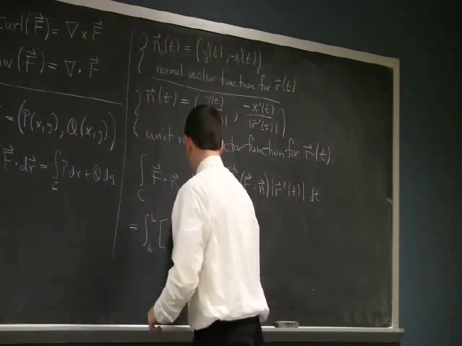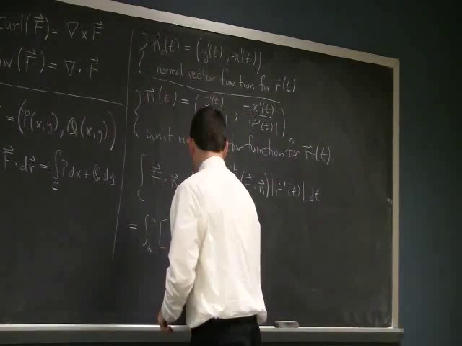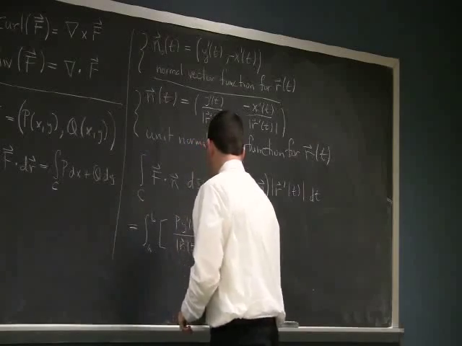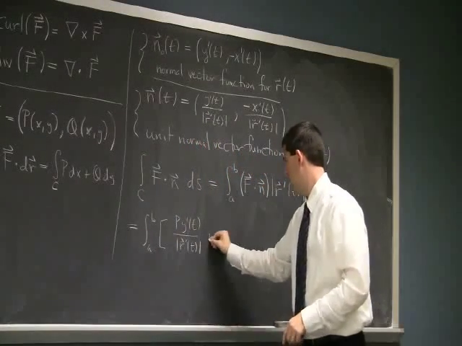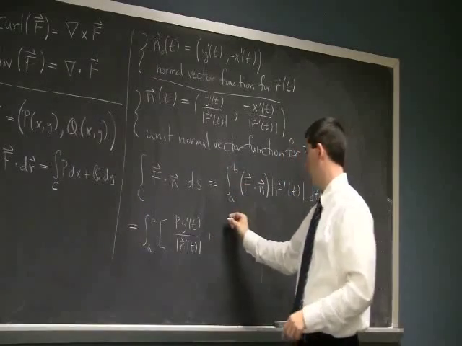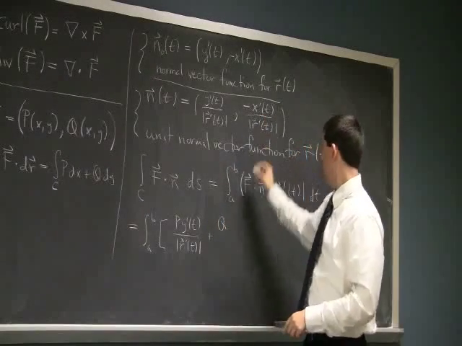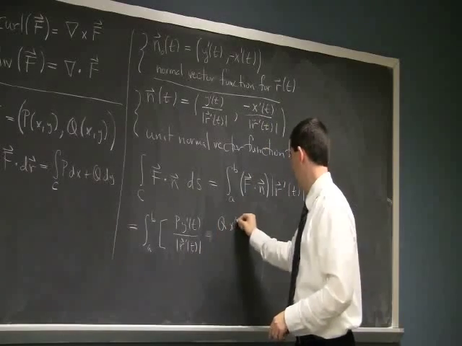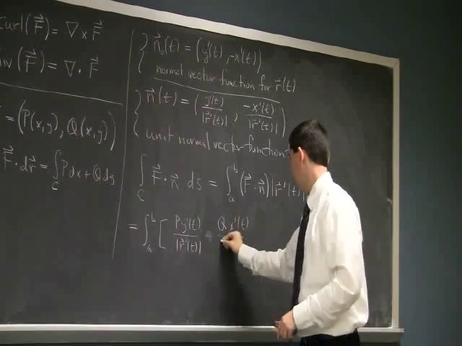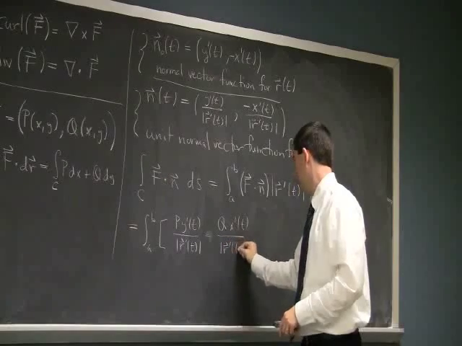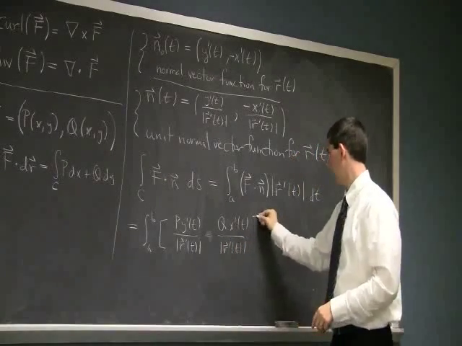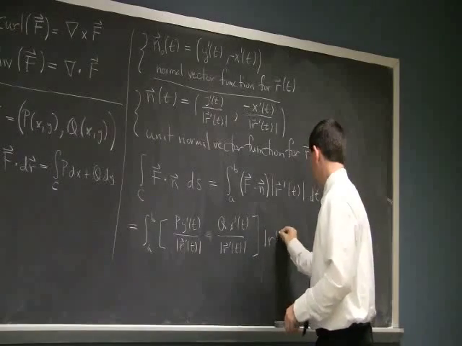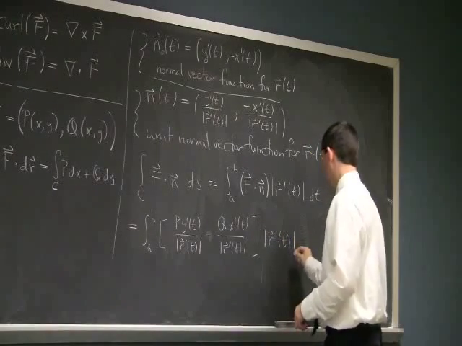So I get p y prime of t divided by the norm of r prime of t. Plus, now I do the second component, which actually becomes a minus, q times x prime of t divided by the norm of the derivative of r of t, times the norm of r prime of t dt.